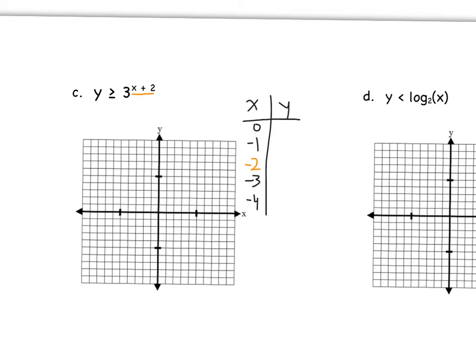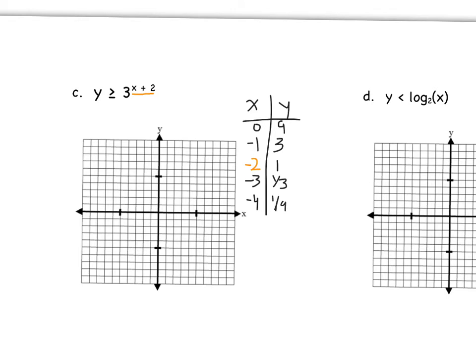So when x is negative 2, we get y to be 1. When x is negative 1, we get 3 to the first power, which is 3. When x is 0, we get 3 squared, which is 9. When x is negative 3, we get 3 to the negative 1, which is 1/3. And when x is negative 4, we get 3 to the negative 2, which is 1/9.